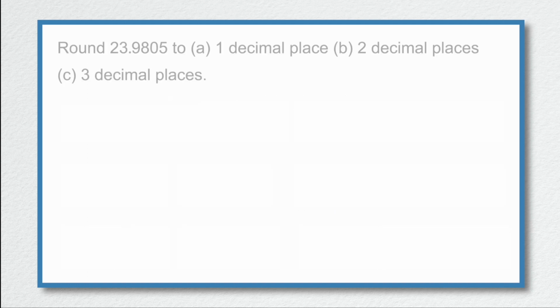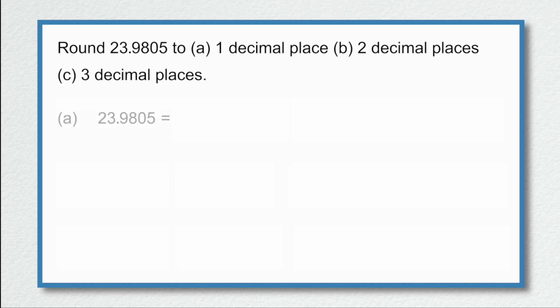This is the final question. Round 23.9805 to A, 1 decimal place, B, 2 decimal places, and C, 3 decimal places. Let's do part A. Well, here's the cut-off point, and we have to determine whether we keep this 9 the same or we round up.